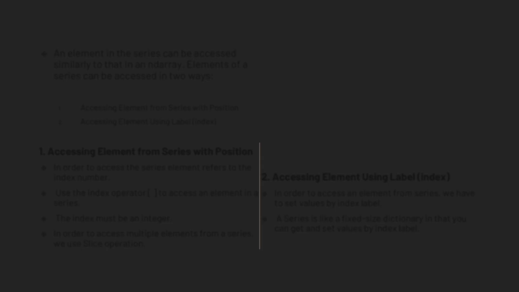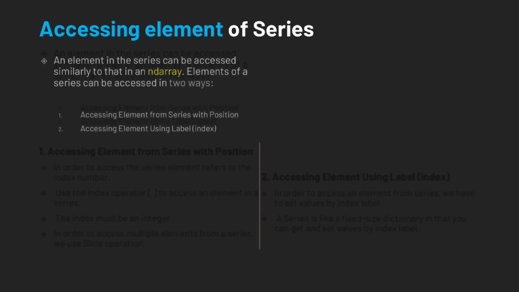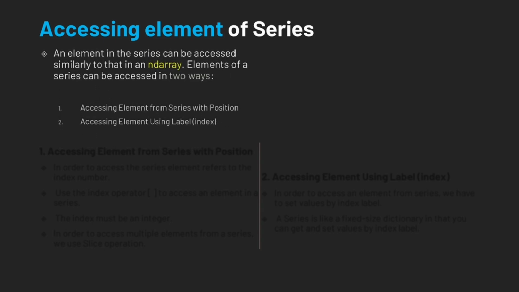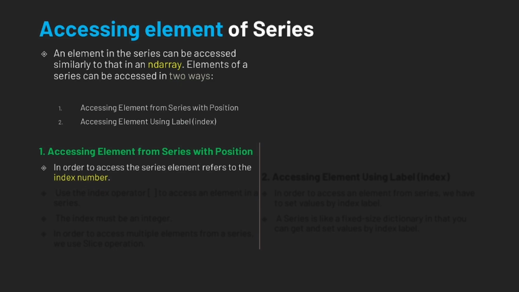Now we will explore how to access elements in a series. Elements of a series can be accessed in two ways. First, let's discuss accessing elements by their position. Similar to a NumPy ndarray, you can access elements in a series using their index number. To do this, simply use the index operator, which is the square bracket.